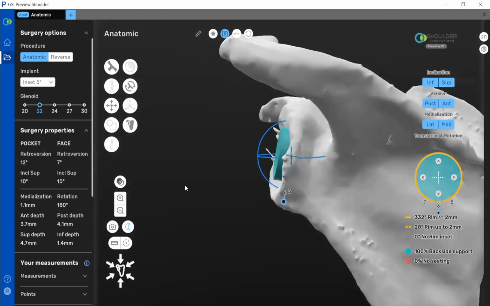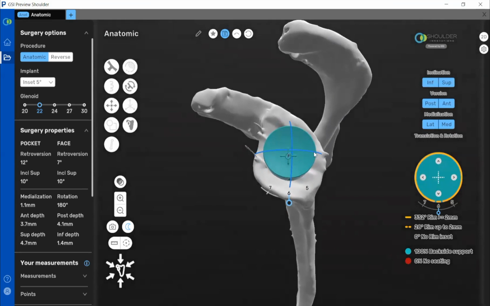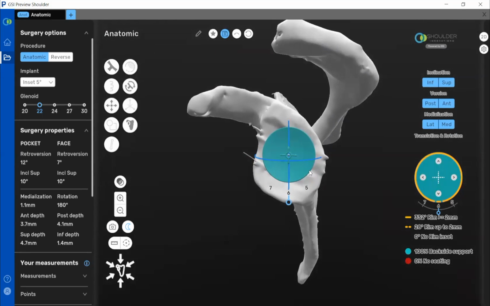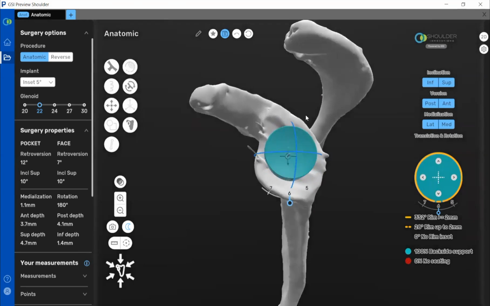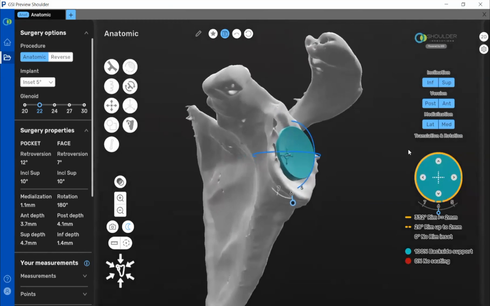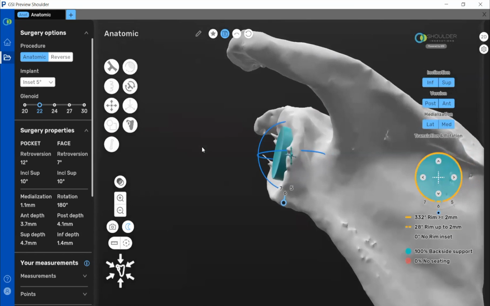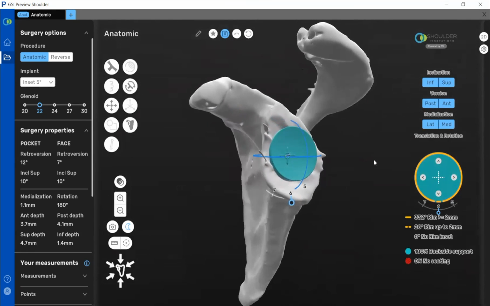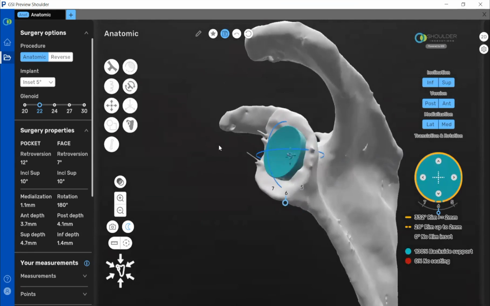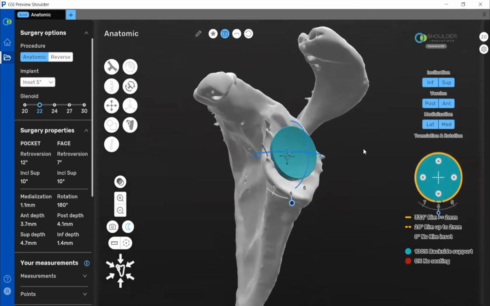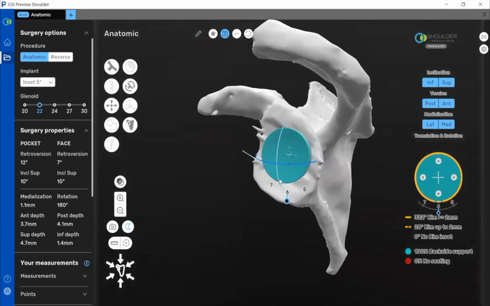And so we can take this plan and go into the OR, and there's no surprises. So I know that I can put this 5-degree implant in and get a correction and get an implant placed exactly where it needs to be to give this patient the best functional and long-lasting outcome.